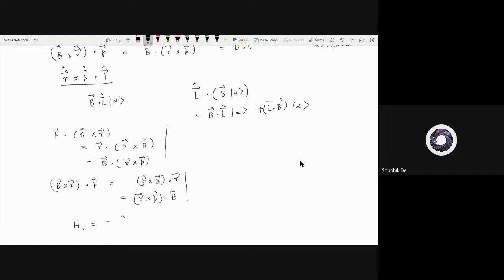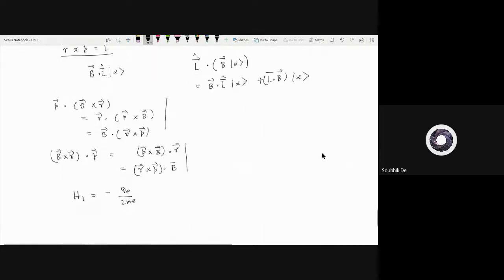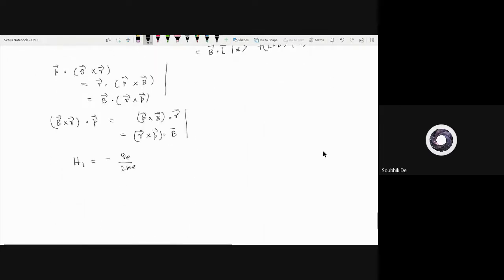So minus QE by twice ME, into that 4 will become 2 because I will get two terms from here, and that is L dot B. So this is the Hamiltonian that I have for H1.